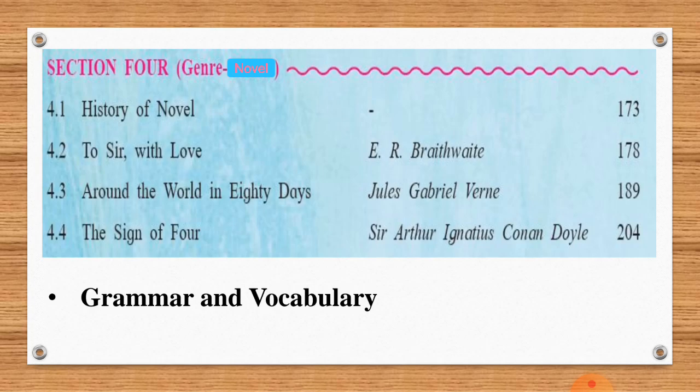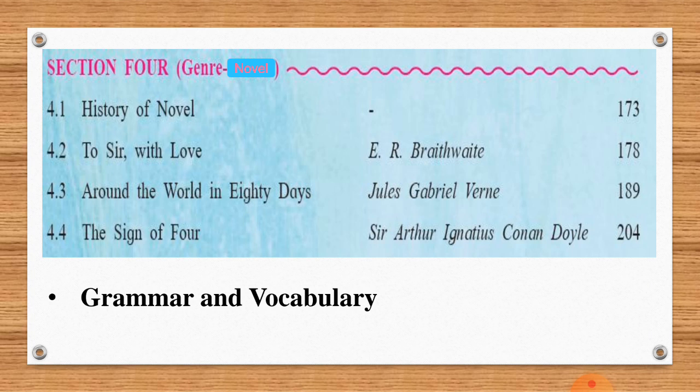Now students, be familiar with the last section of our textbook, and this last section deals with one literary genre, and this genre is called novel. So in this section we have to focus on the history of the novel, and then we will discuss the extracts of 3 different novels such as To Serve with Love, written by E.R. Braithwaite.